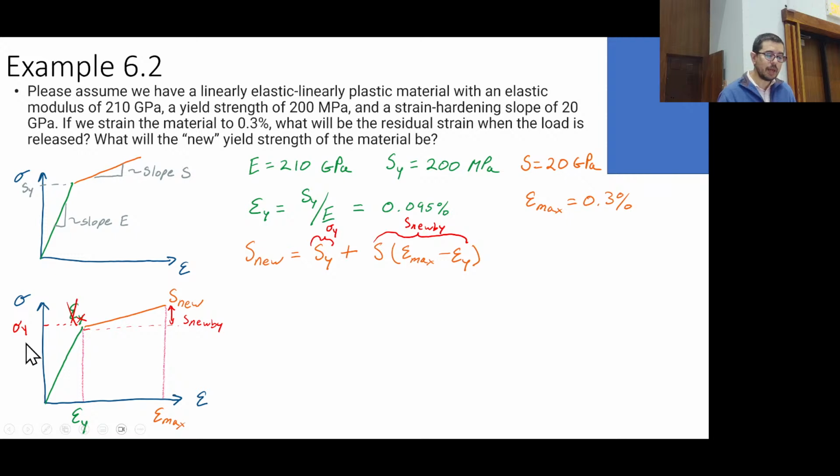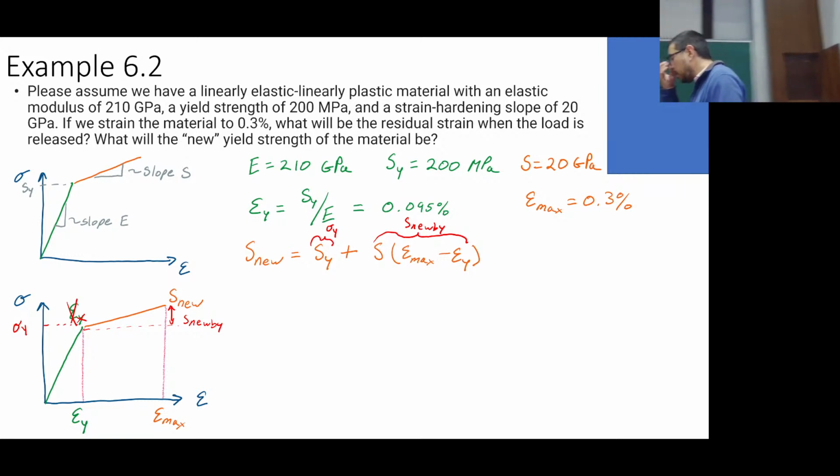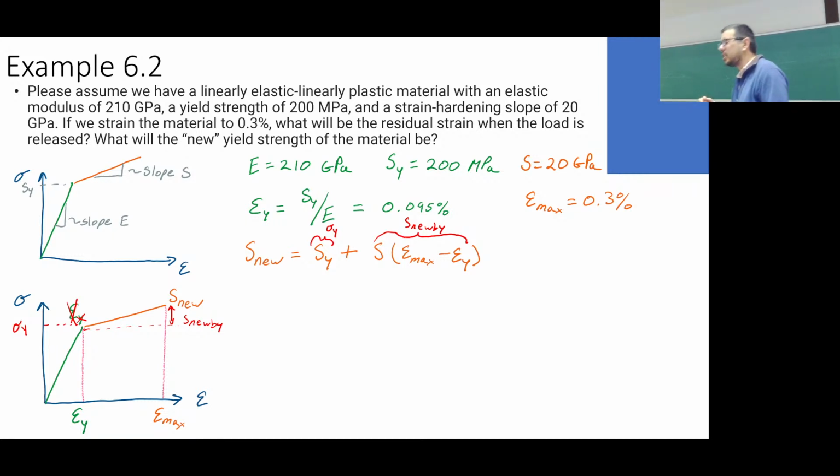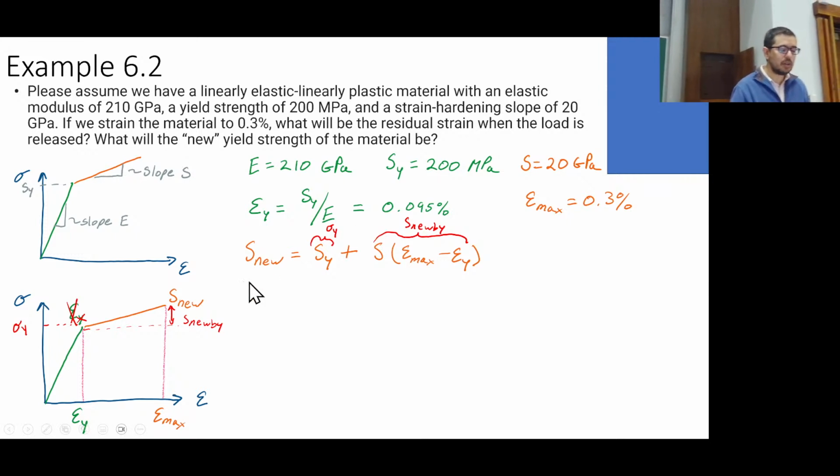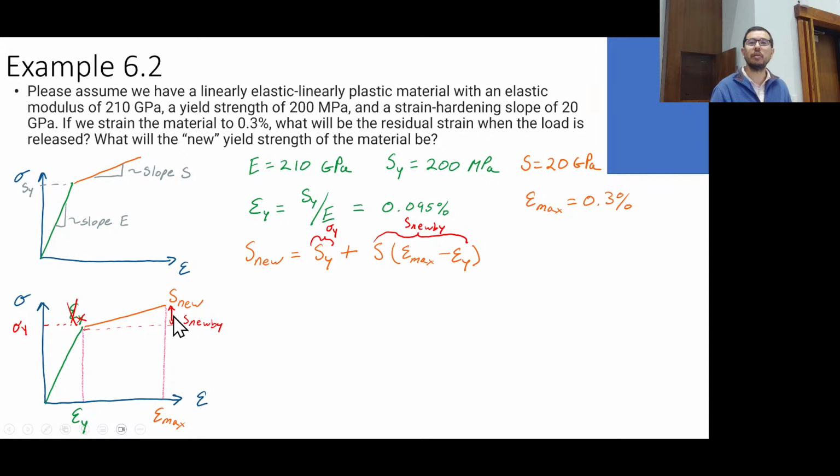So S nu, this point, is going to be equal to the yield strength plus that extra rise. Sometimes we write sigma sub y, sometimes we write S sub y. S sub y might be a little more confusing with these linearly elastic, linearly plastic material models, because S is often what we'll use for the slope. So we have lots of S's. This S is the slope of this plastic regime.